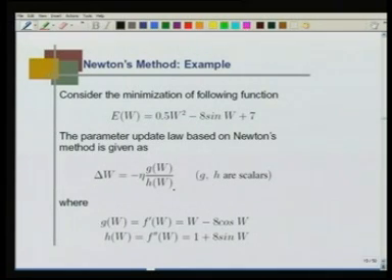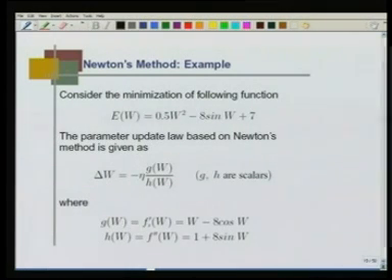The weight update law is delta W is minus eta H inverse G. Here H is a scalar, so it is simply its inverse times G, that is our algorithm, where G W is f dash W.